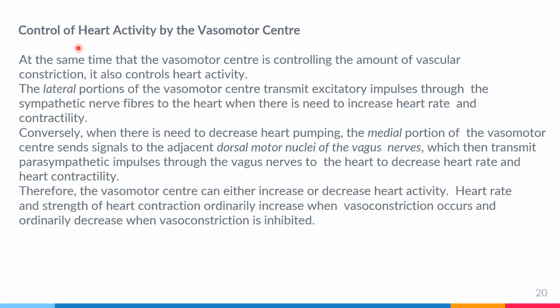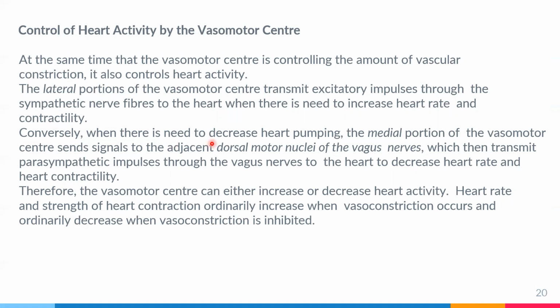Next, we move on to control of heart activity by the vasomotor center. At the same time that the vasomotor center is controlling the amount of vascular constriction, it also controls heart activity. The lateral portions of the vasomotor center transmit excitatory impulses through the sympathetic nervous system to the heart when there is need to increase the heart rate and contractility.